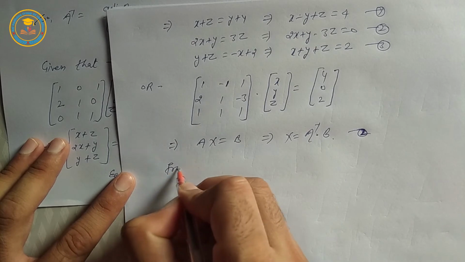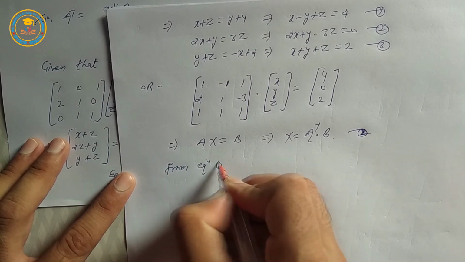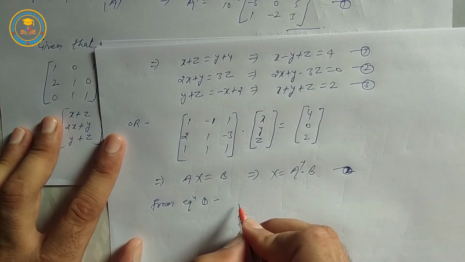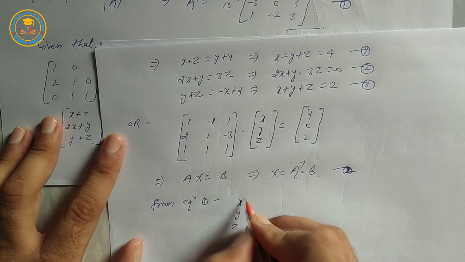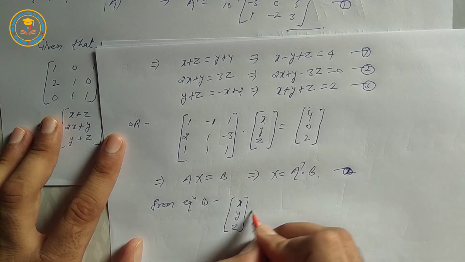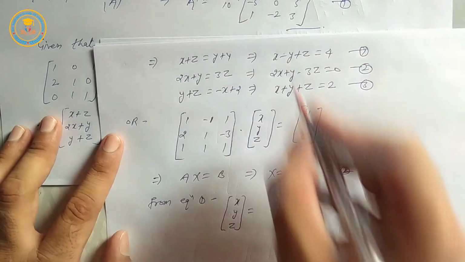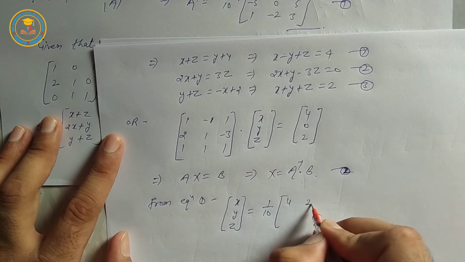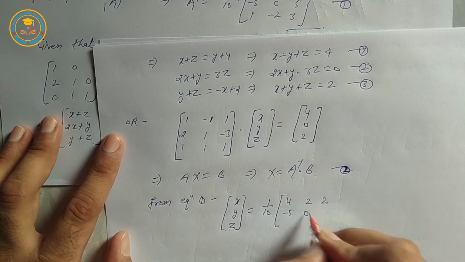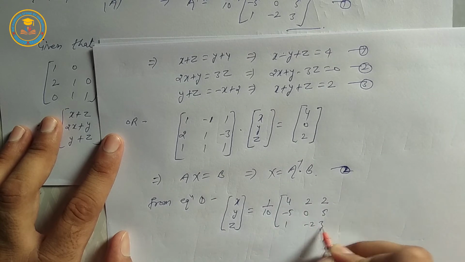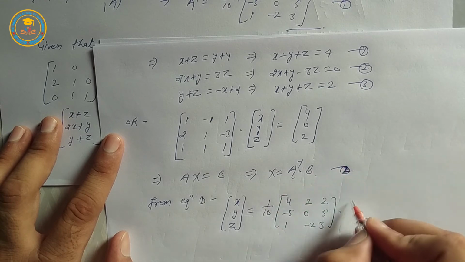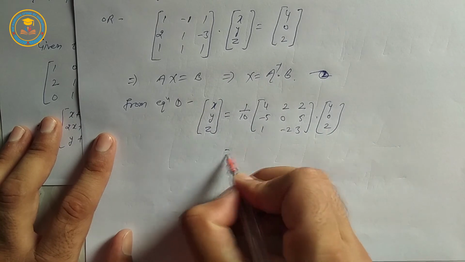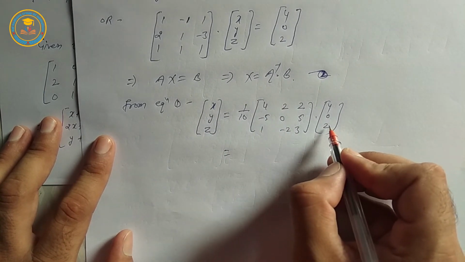From equation first, X, it means x y z is equal to A inverse, 1 by 10 into 4 2 2, minus 5 0 5, 1 minus 2 3, into matrix B, 4 0 2. Okay, is equal to matrix A into matrix B.